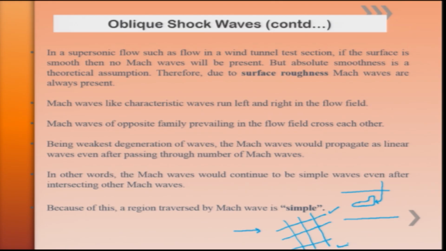These Mach waves intersect each other, and they are linear waves. It is assumed that before and after the intersection these Mach waves remain linear, and that is why they are called simple waves, and the regions they traverse are called simple regions.